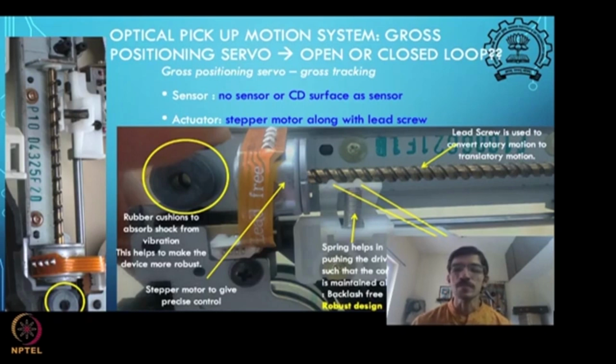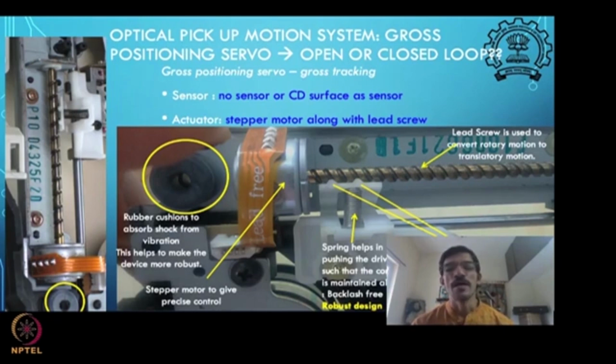So these clearances, typically given for smooth motion, will result in some backlash in the system. Backlash is a problem in mechanical systems. If you think of gears, you'll have a backlash. Any of these motion transmission systems will have some backlash.